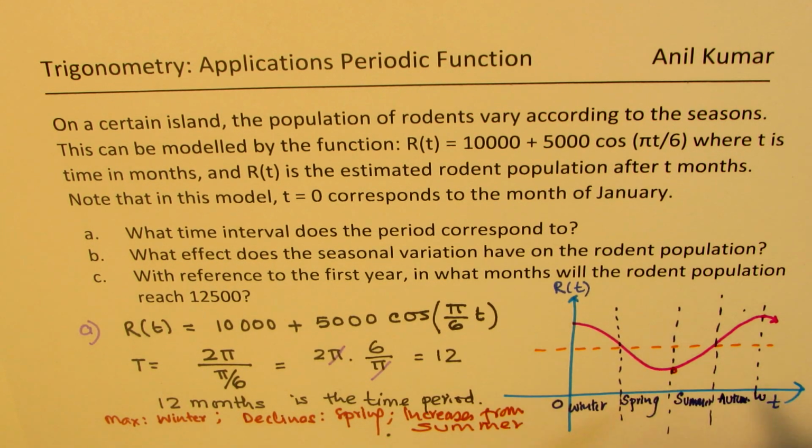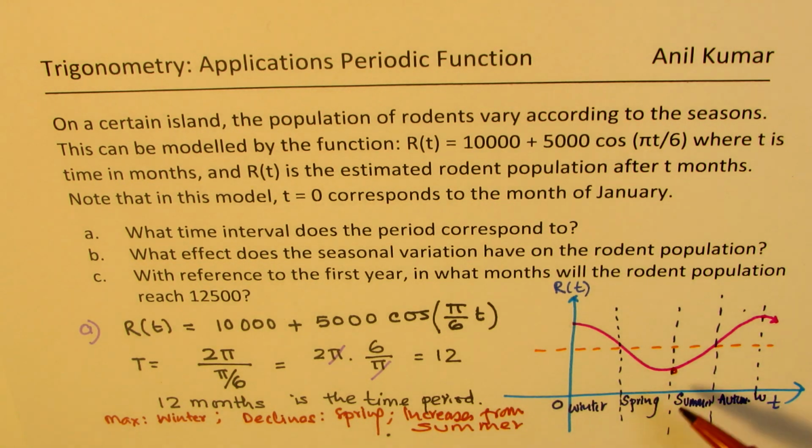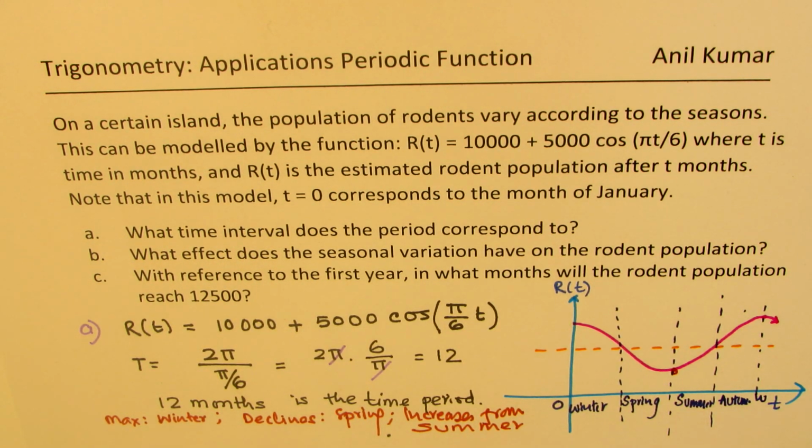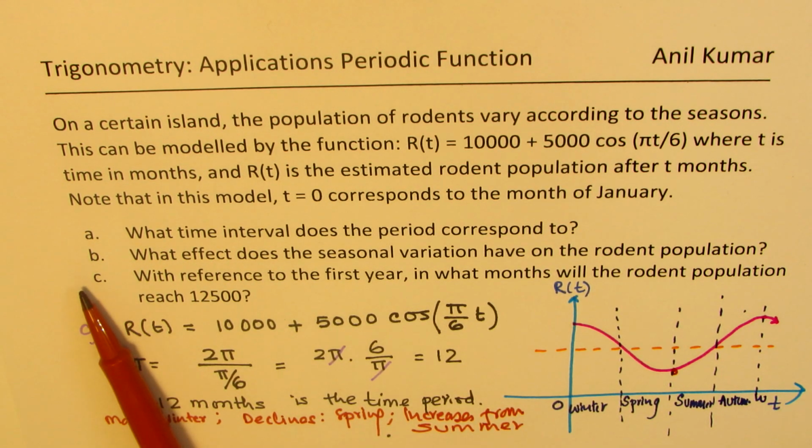So this could be treated as peak summer, and after that it kind of increases and is pretty high. The highest level is reached in winter. So that is your seasonal variation. Is that clear to you? Perfect. Now let's answer part C.